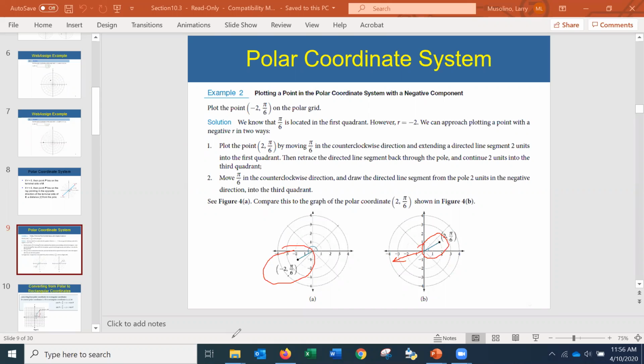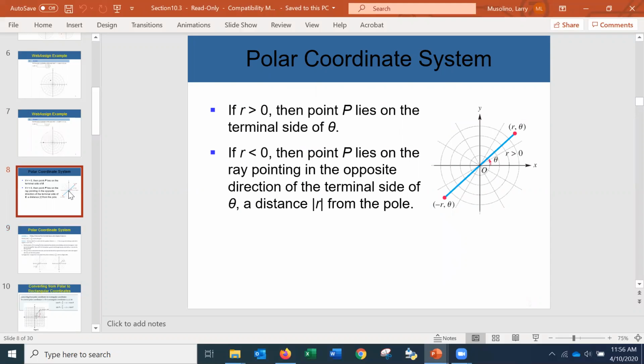Does that make sense how we set that up? Let me go back to the previous slide just to explain what they're doing. What they're trying to show you here is if r is a positive number, then graph normally and plot this red dot here, r comma theta, because you walked out a distance of r in this direction.